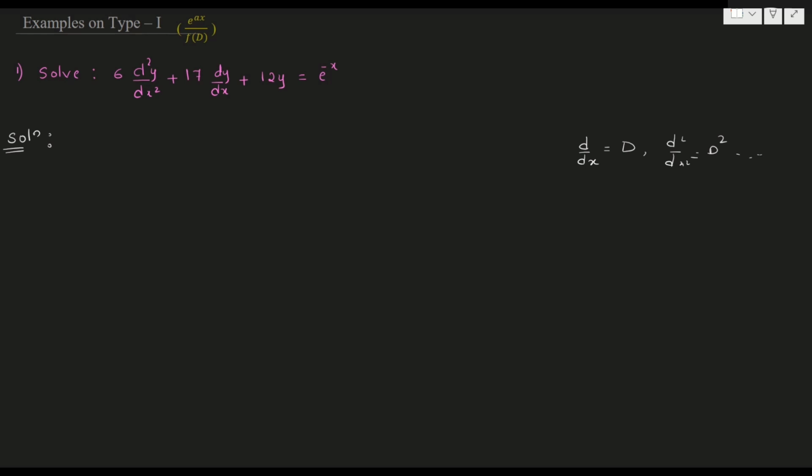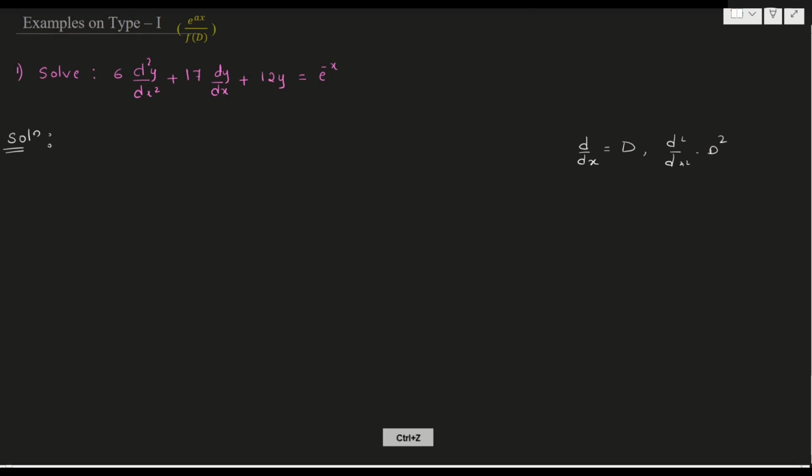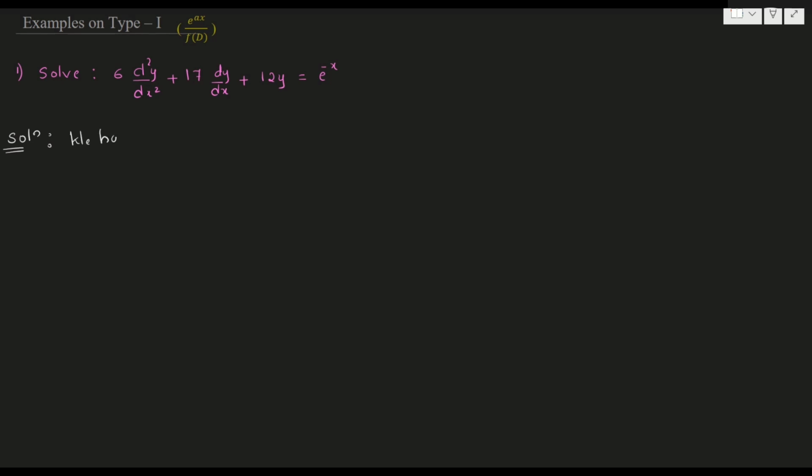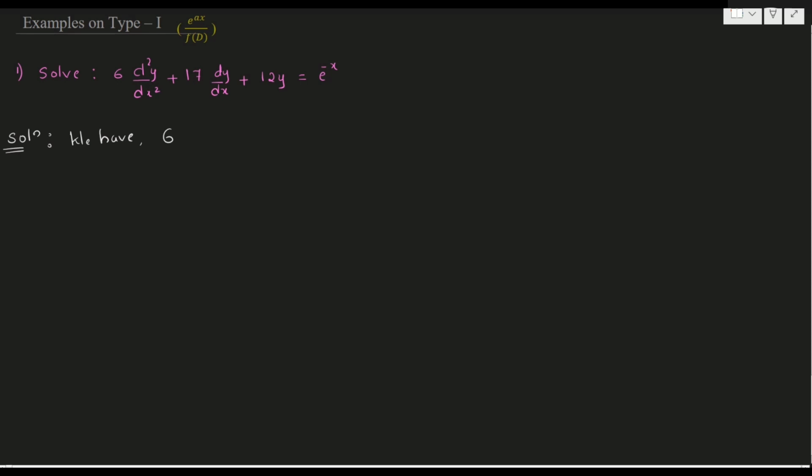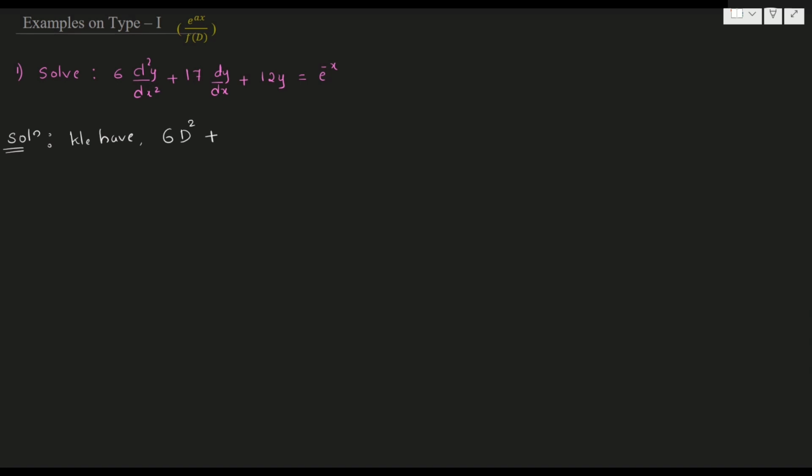So now we use this and write it in that form. In place of d square by dx square, I write 6 D square, plus 17 D plus 12 into 1, equal to e raised to minus x.